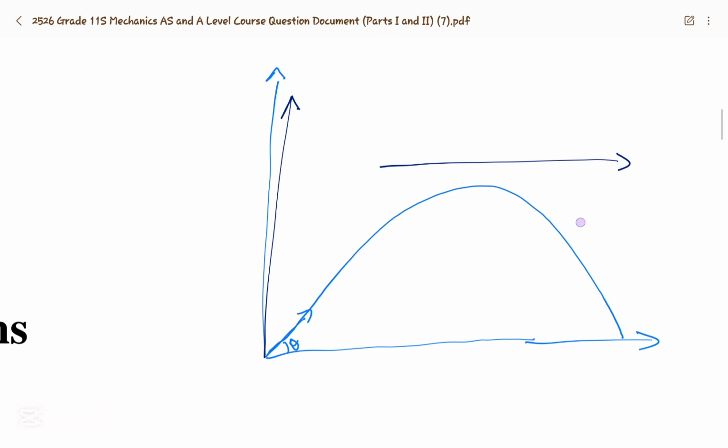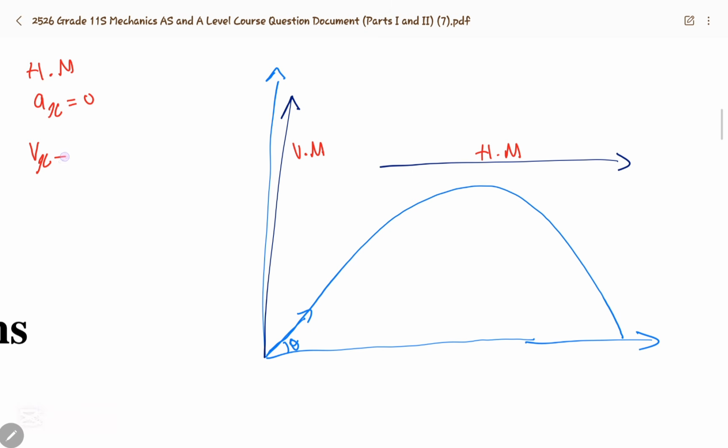So let me start with the horizontal motion and the vertical motion. Starting off with the horizontal motion, you should know that the acceleration on the x-axis is always 0. The velocity on the x-axis does not change; it always stays constant.